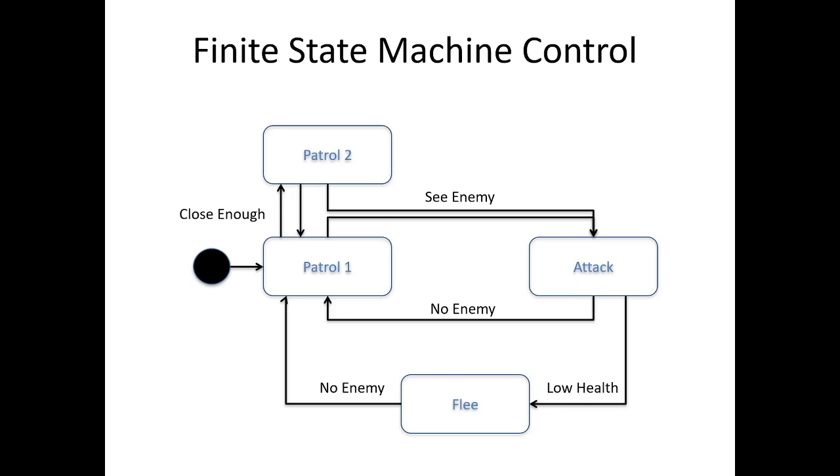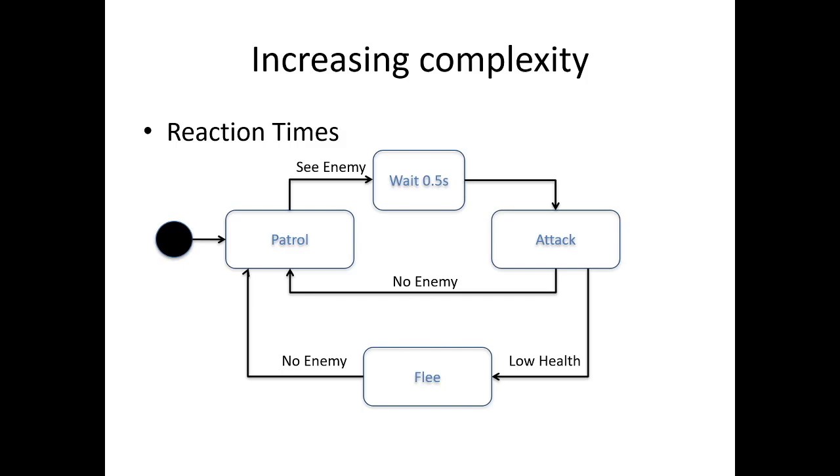And of course, adding the attack and the flee will take some time as well. But again, assuming we have those, let's see how we then might look at increasing complexity. So actually capturing some more complicated kinds of behaviors simply by adding a few new nodes or a few transitions between the nodes. So one way to do that is to have a reaction time.